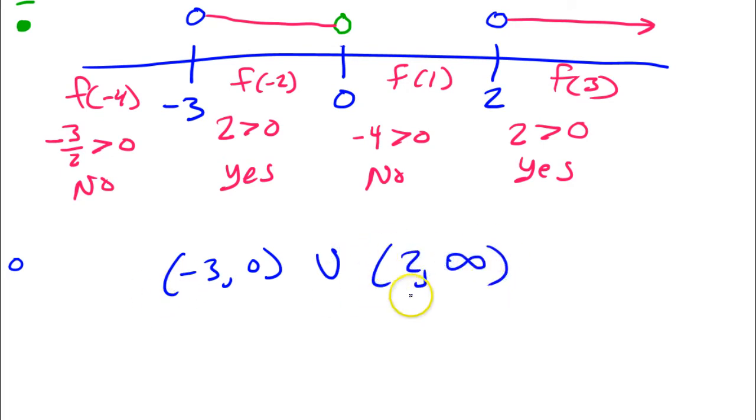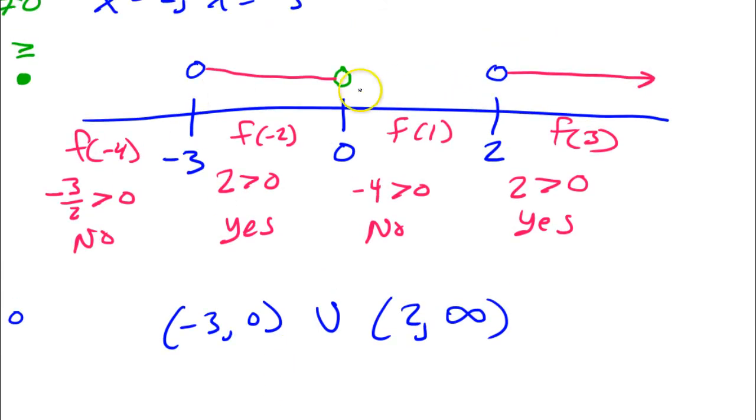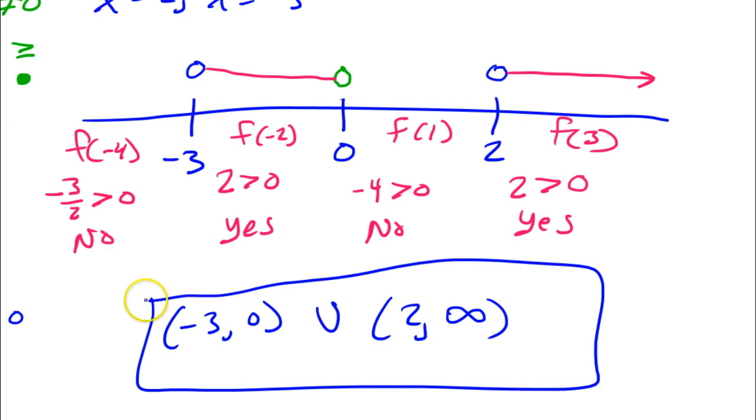Note my use of parentheses even on the constants instead of brackets. Why did I use parentheses instead of square brackets? They're not included. You see all the open circles? Anywhere you have an open circle, you're going to have parentheses to also show not included. So that's it.